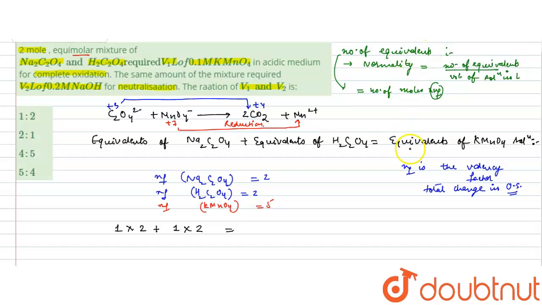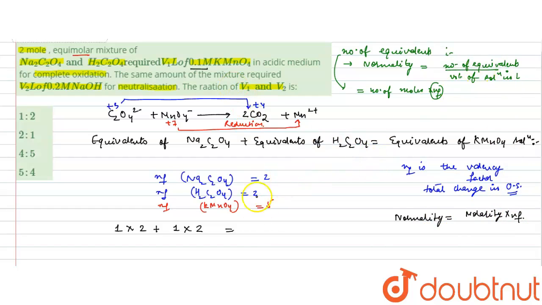now the number of equivalents of KMnO4 is calculated as normality into volume, but here the molarity is given, and we know that normality is equal to molarity into n factor. So here we can use molarity into n factor into volume for the number of equivalents.